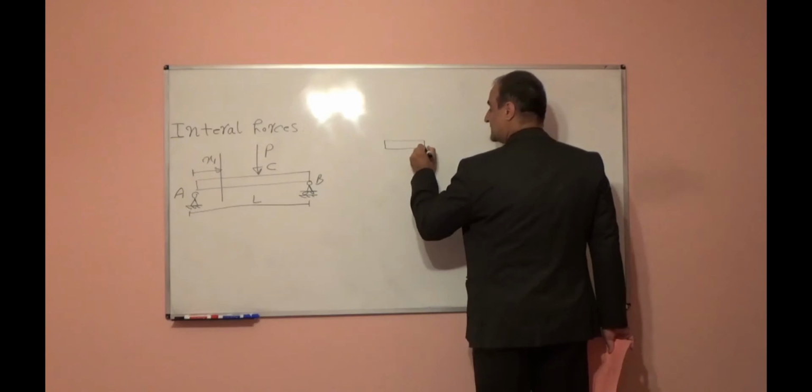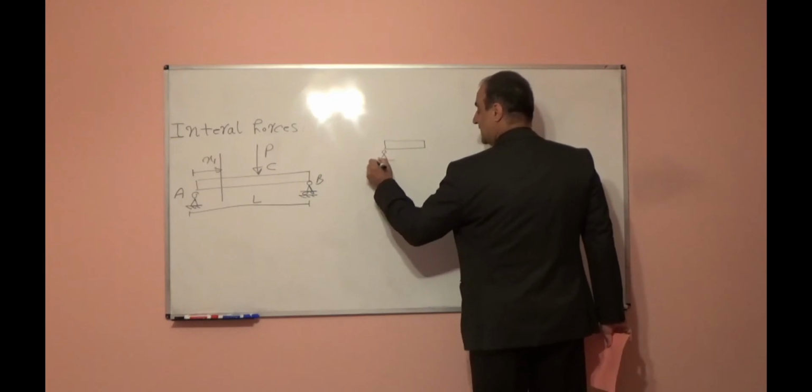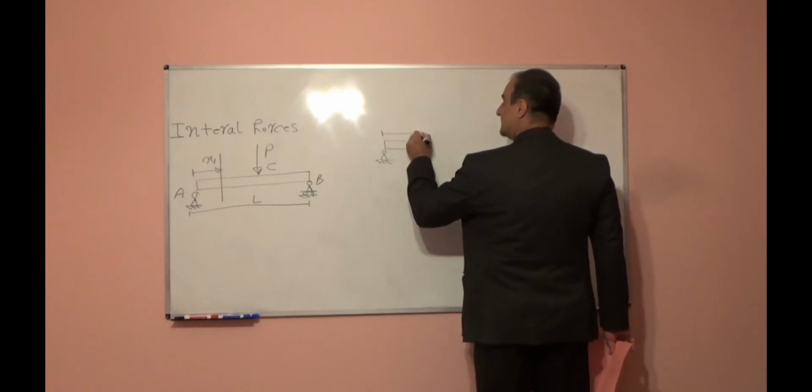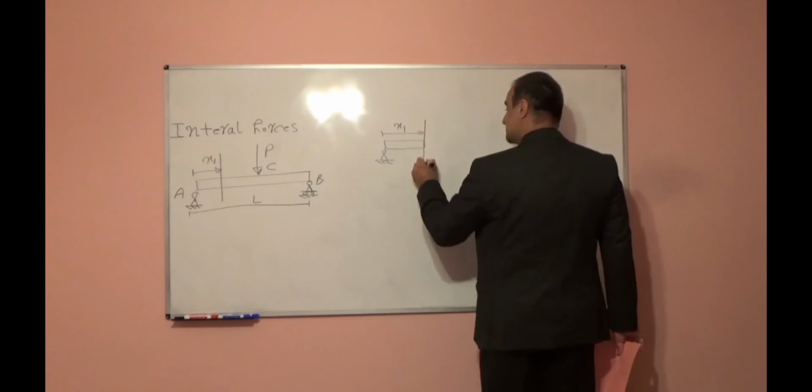So free body diagram, point A, this is x1 distance.